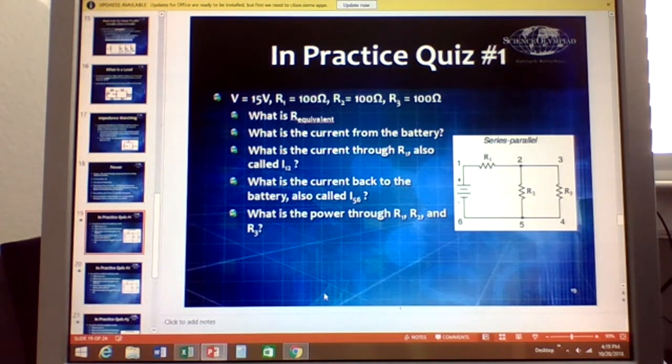Well, V equals IR, so I is equal to V divided by R. So that's 15 volts divided by 150, which is 0.1 amps or 100 milliamps.